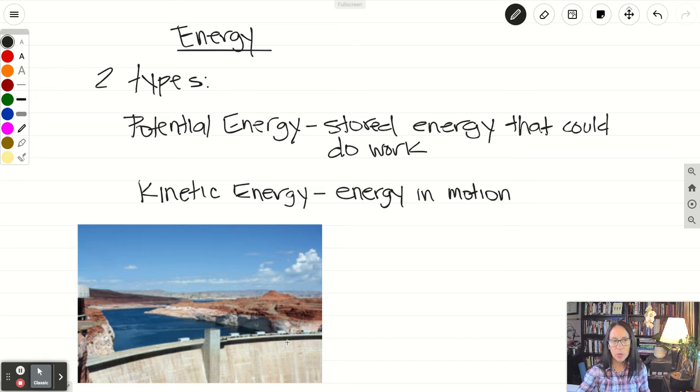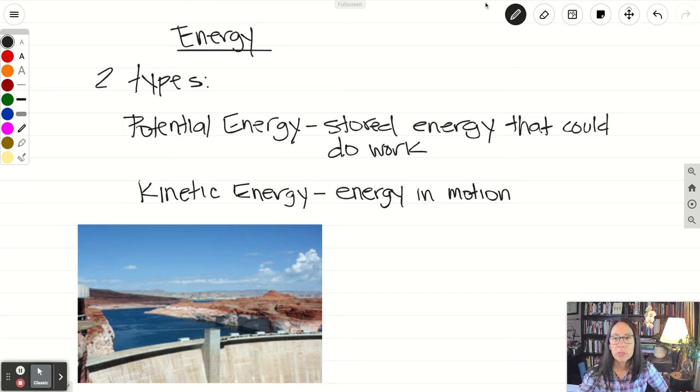The dams are made to produce energy, and so in this picture, what does this represent? The answer is potential energy. By holding the water, it has potential energy to move. As we let the water out, it's going to be moving, and then it's going to change to kinetic energy. Then we can harvest that energy and use it to produce electricity, for example.